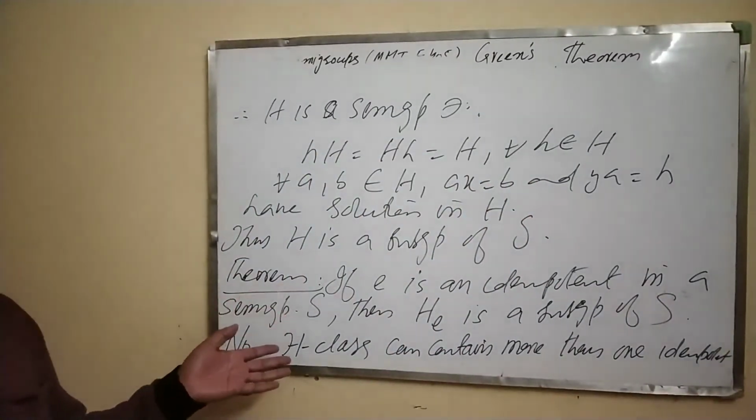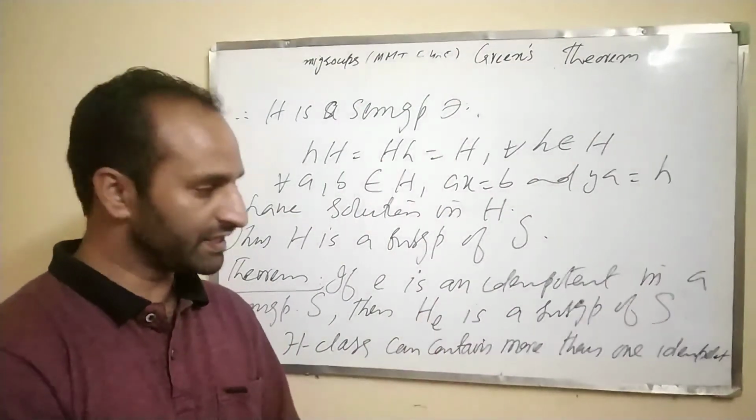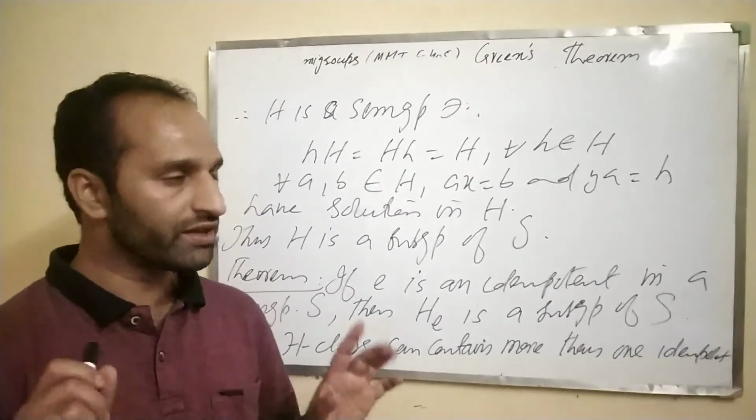So if H is any H class of a semigroup S, either this H does not contain any idempotent, or if it contains an idempotent, then it contains only one idempotent.